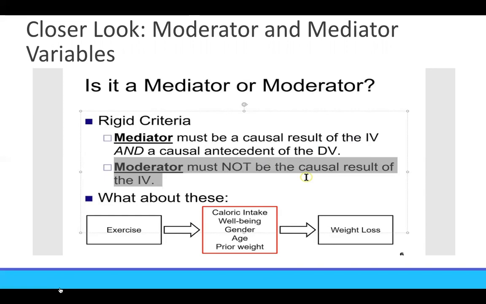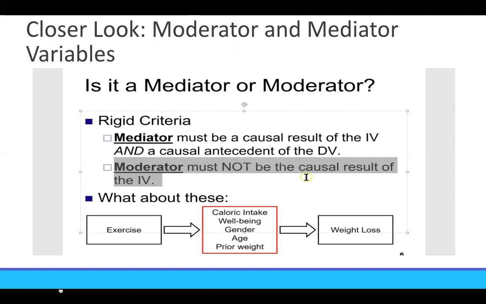Well, your age is not the result of exercise. Your gender is not the result of exercise. So prior weight, that might be the result of exercise and it precedes your weight loss. Well-being, just a general sense of wellness, that might be a result of your history of exercise, and that precedes your subsequent weight loss.